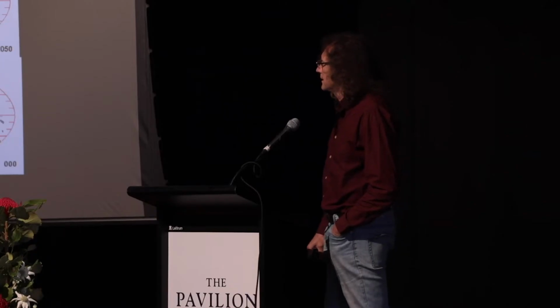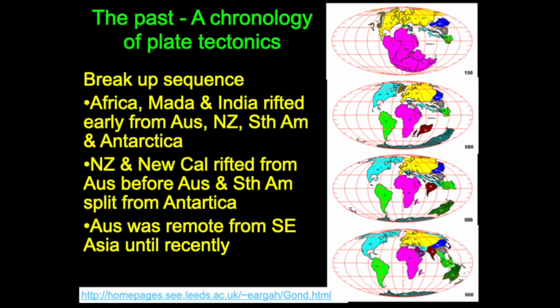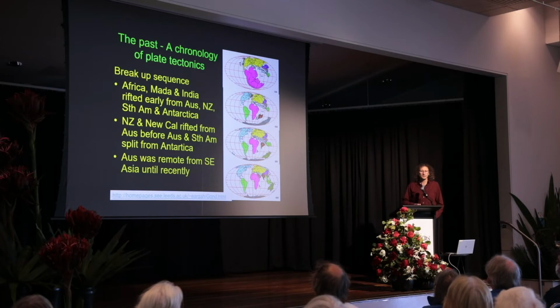And since then, we've been able to come up with a fairly well-dated chronology of the configuration of land masses around the world, starting with a configuration where Gondwana there in the pink 150 million years ago comprised primarily Australia and Antarctica, Africa, South America, and not to forget Madagascar and India, and that split up in a particular sequence, with Africa and Madagascar and India departing first from the rest, and the final connection that broke was the one between South America and the Antarctic.